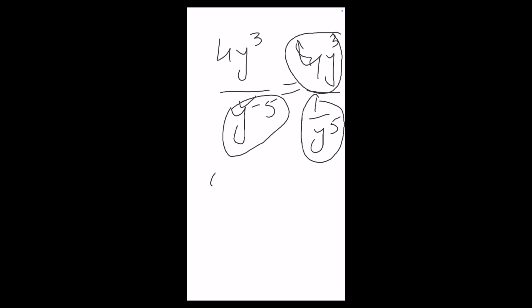Okay, so I am writing 4y raised to power 3 and I am making one denominator, the same way we have done before, repeating it just for practice. Now the denominator again, this one denominator in the middle, and again 1 divided by y raised to power 5.